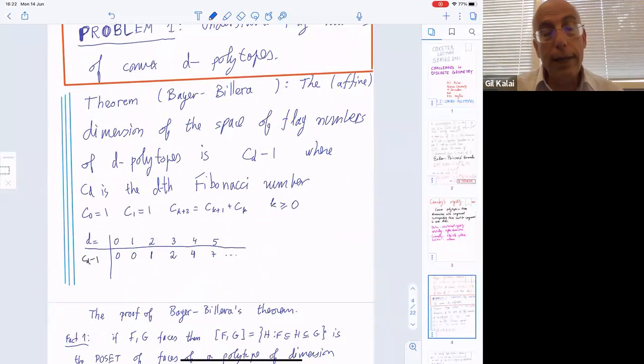When d is 0 and 1, the dimension of flag numbers is 0. For polygons, the dimension of flag numbers is 1. We have one free parameter, which is the number of vertices. Then for 3-dimensional polytopes, we have dimension 2, because the flag numbers are determined by the face numbers. And there are three face numbers, but they satisfy one equality, which is the Euler relation. And then in dimension 4, the number is 4, and dimension 5, the number is 7, and so on.